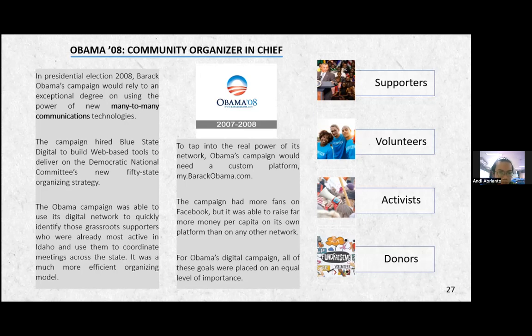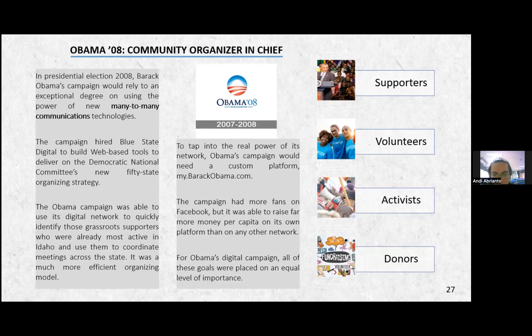The Obama campaign was able to use its digital network to quickly identify those grassroots supporters who were already most active in Idaho and use them to coordinate meetings across the state. It was a much more efficient organizing model.